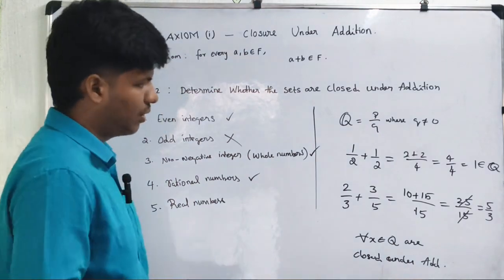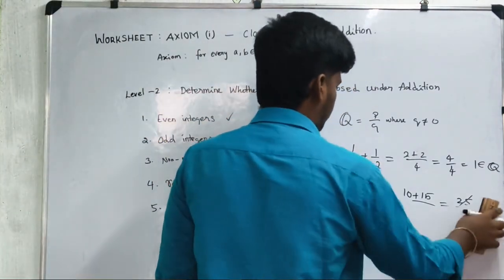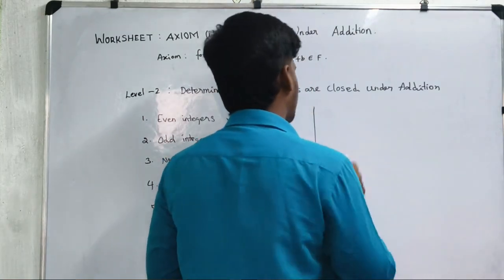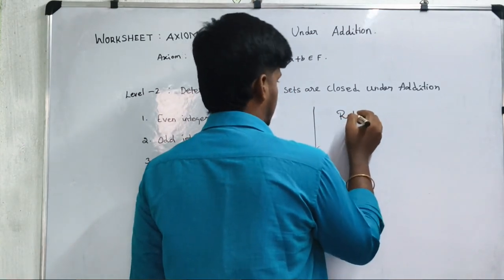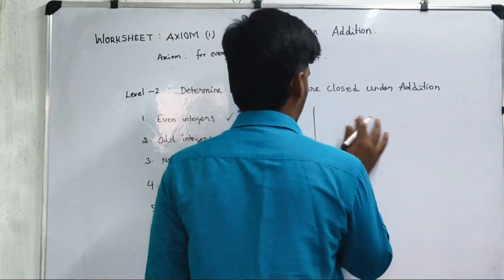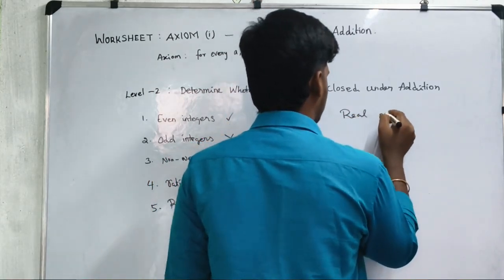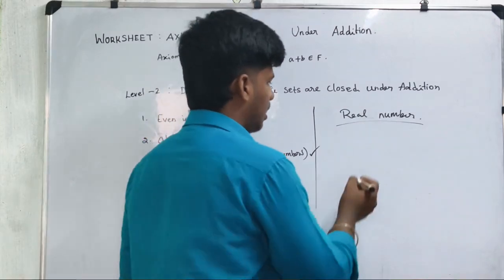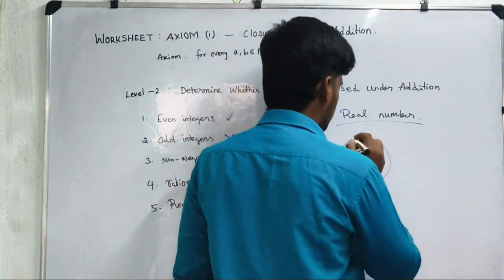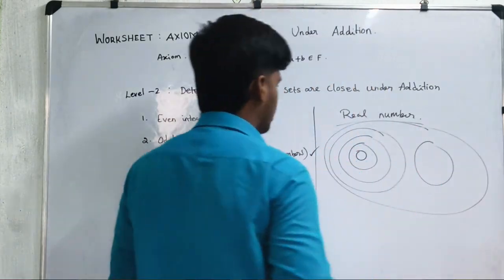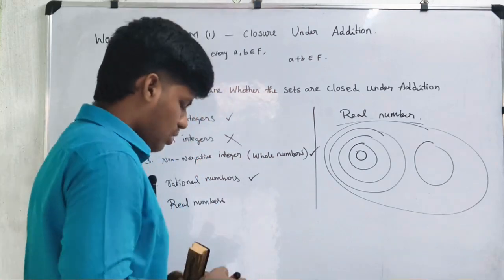Our next one is the real numbers. Real numbers contain all the sets: natural numbers, whole numbers, integers, rational and irrational numbers. So all of these are contained in the real numbers.